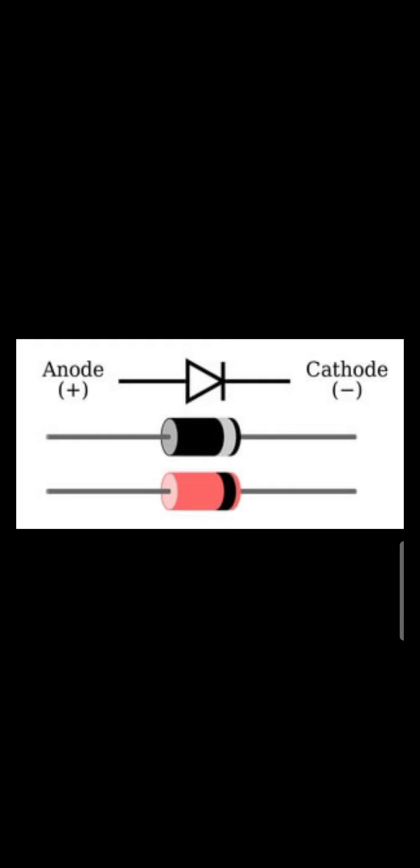If the current is able to pass in only one direction, then we say that such direction is known as the forward direction.